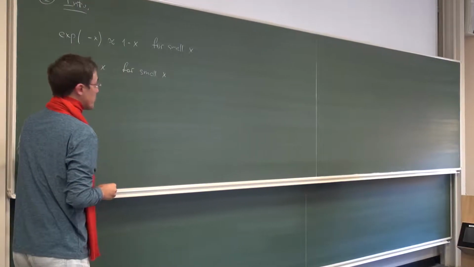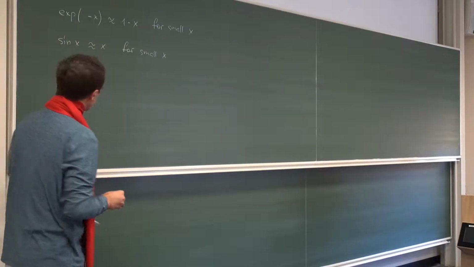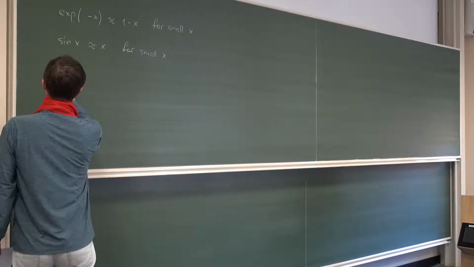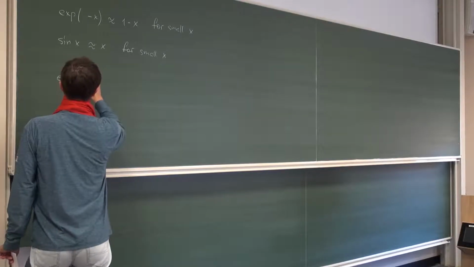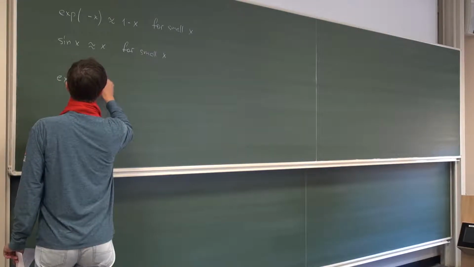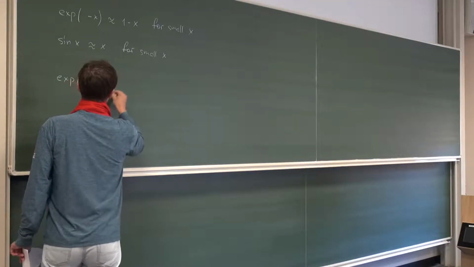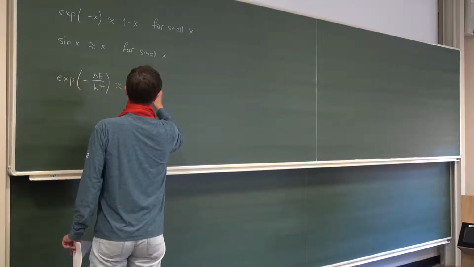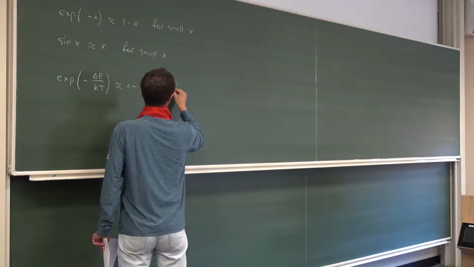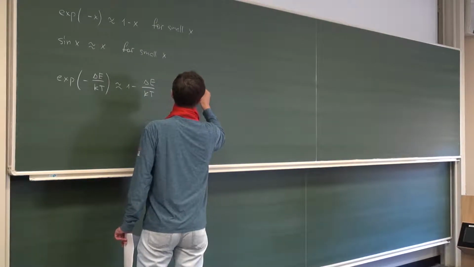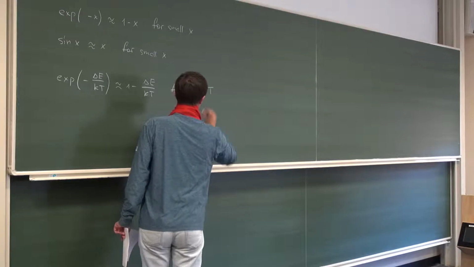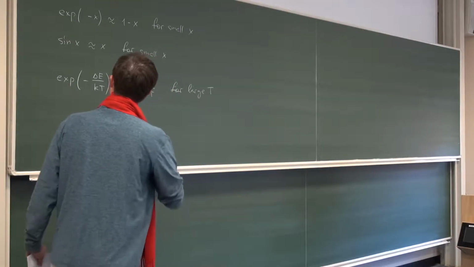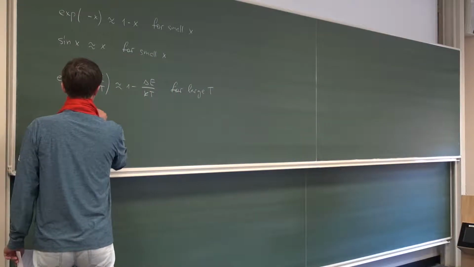You may have seen in thermodynamics, second years certainly did, that exponential of minus delta E over T is approximately 1 minus delta E over T for large temperatures, so the high temperature limit, and so on and so forth.